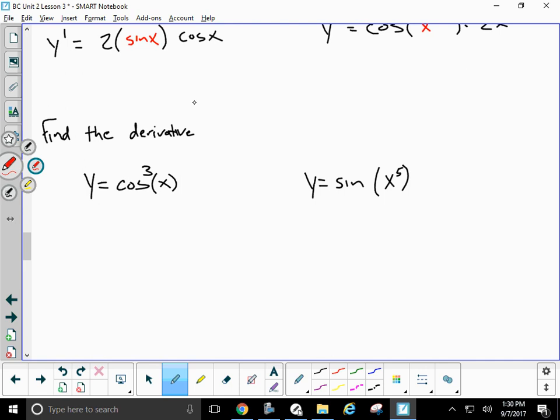My recommendation is that if there isn't parentheses or if the parentheses are misleading, rewrite using parentheses. I would rewrite this first one as the cosine of x cubed.